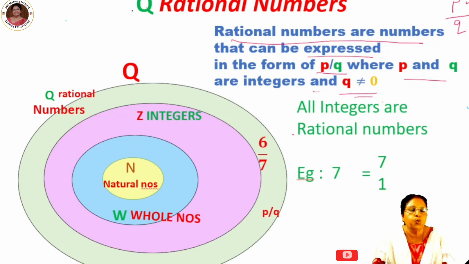The denominator is not equal to 0. For example, all integers are rational numbers. If you take any integer, for example 7, it can be expressed as 7 upon 1. Then it is in the form p upon q, so it is a rational number.